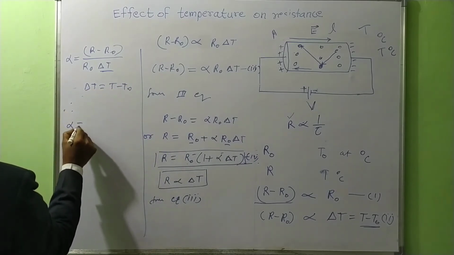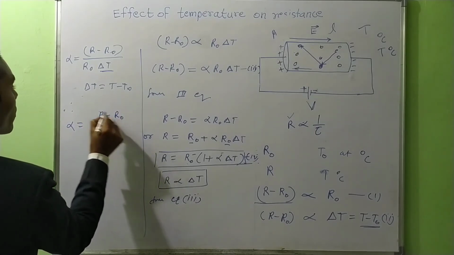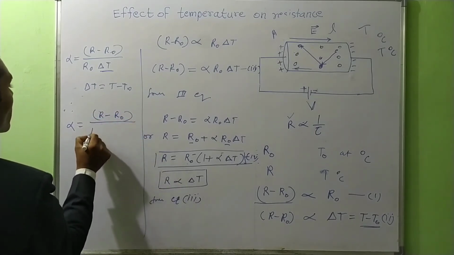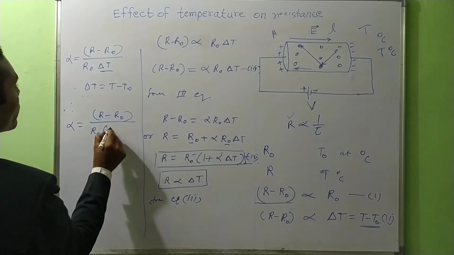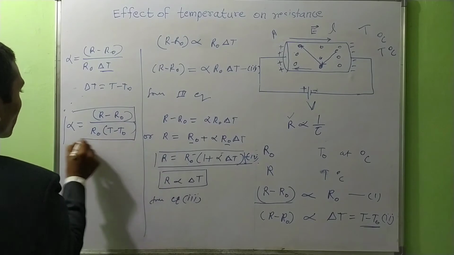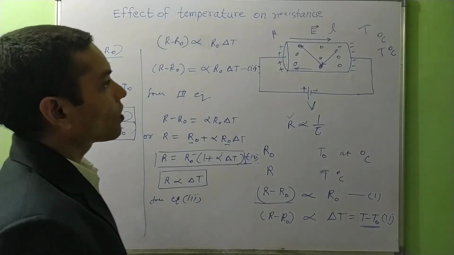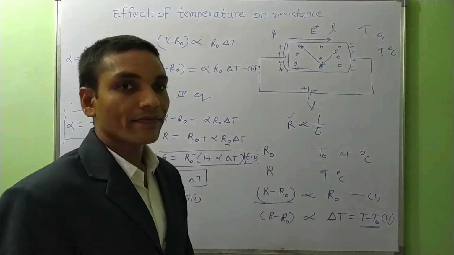Therefore alpha will be equal to (R minus R naught) upon R naught into (T minus T naught). This is the expression for the temperature coefficient of the conductor.